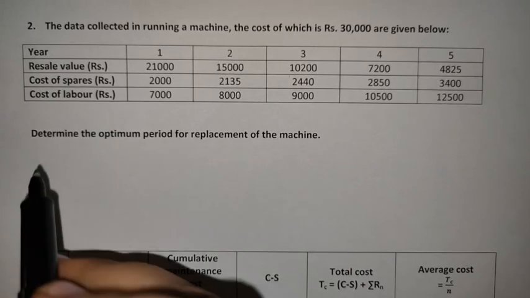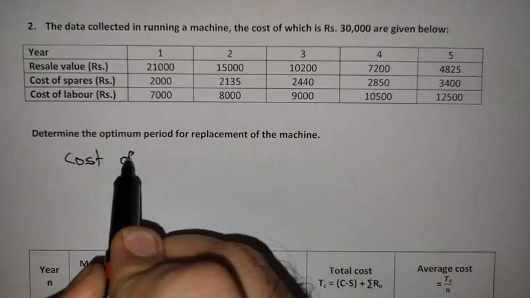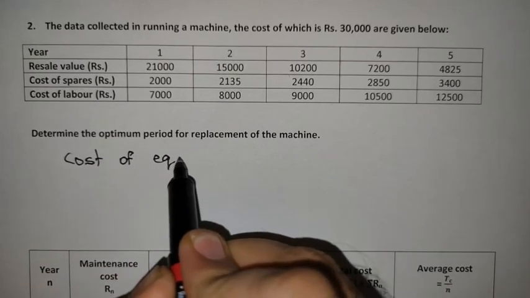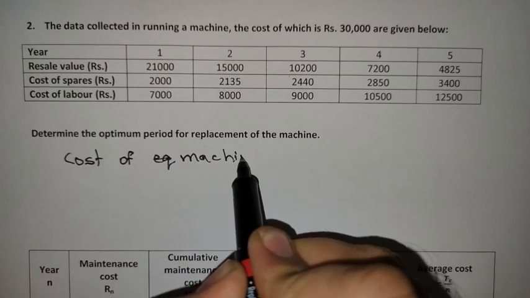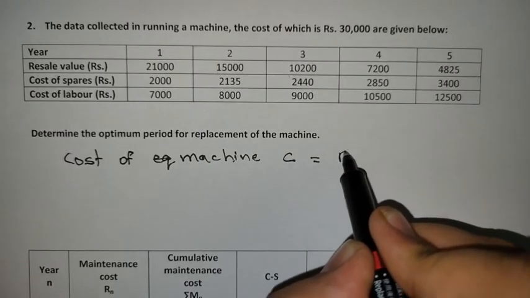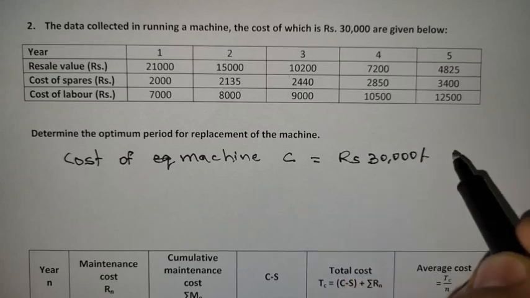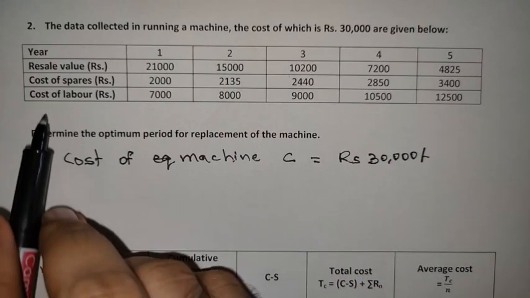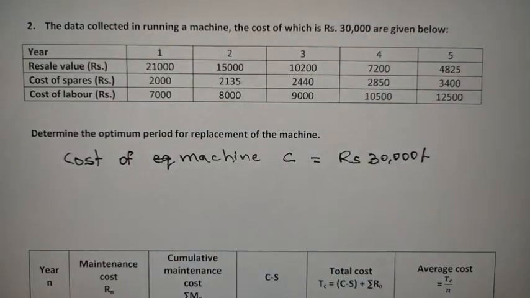What is the cost of the equipment? Here it is mentioned as machine, so I am writing that as machine. So cost of machine C is equal to 30,000 rupees. The resale value is continuously changing, so no need to write it here.